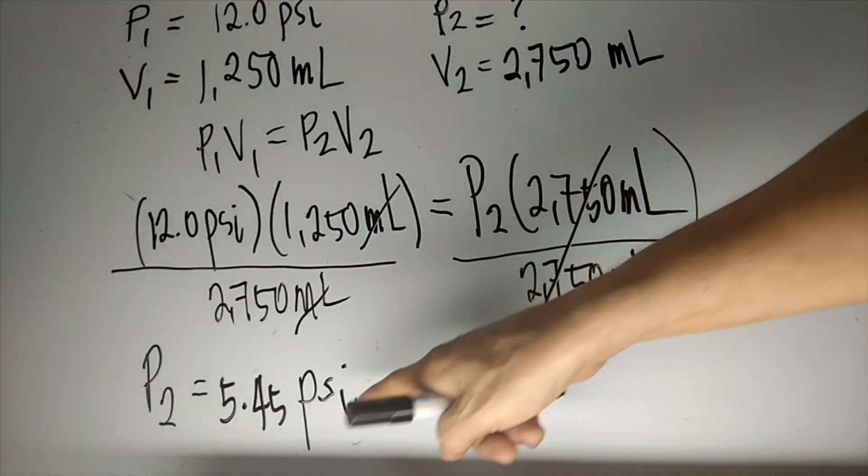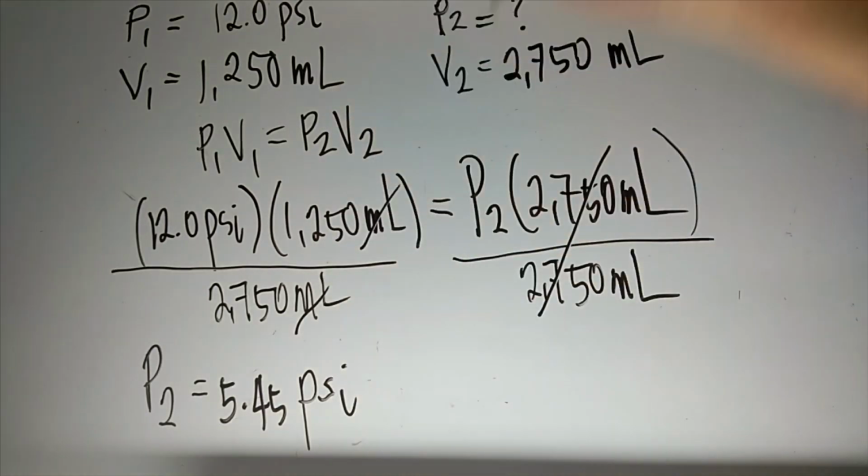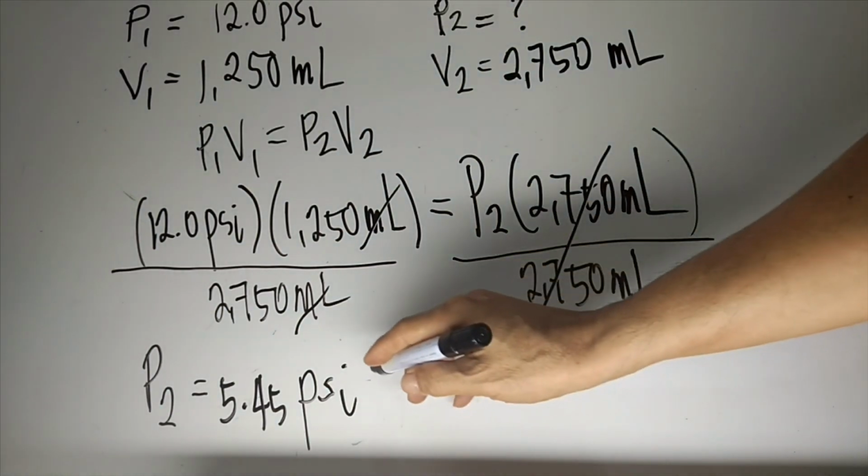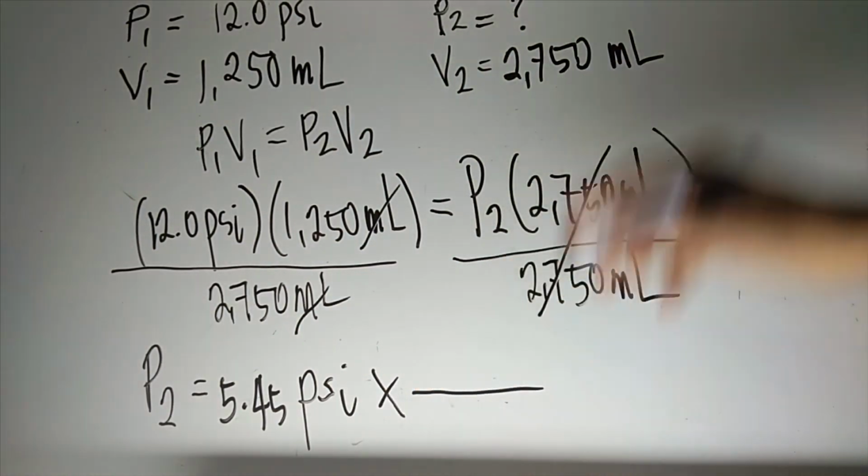But this is not the desired unit. According to the problem, we are going to express our answer in millimeter of mercury. So that means we are going to use a conversion factor in here.